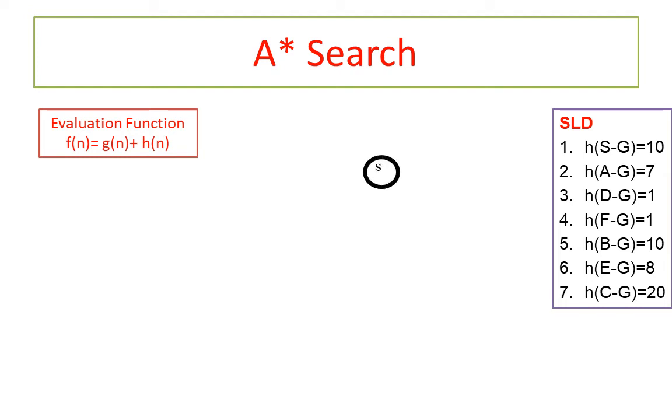But in this case we may get the same type of results. So let us assume. Here S has three children, A, B as well as C. For A, f of n is equal to 3 plus 7. 3 means from S to A the distance is 3, and from A to G it is 7. So the total distance is 10.